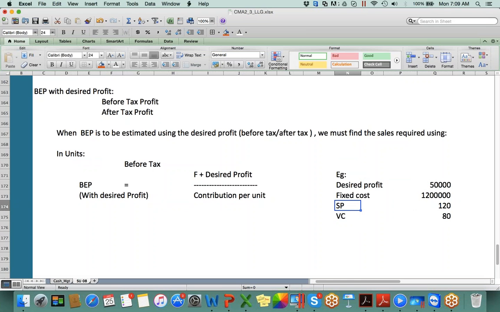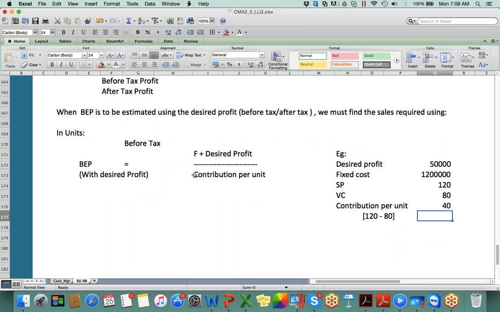What is the contribution per unit? Contribution per unit equals 120 minus, that is sales price minus variable cost, equals 40, which you need to find out first. Okay, contribution margin per unit is 40.